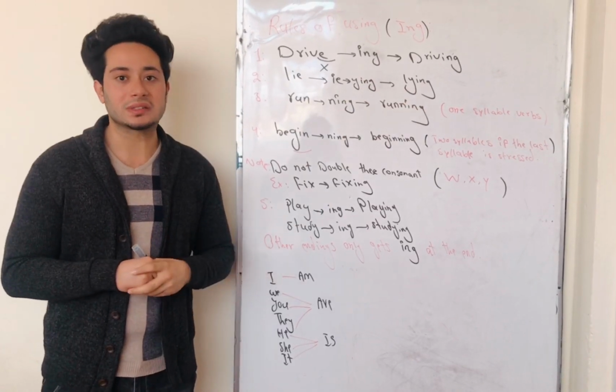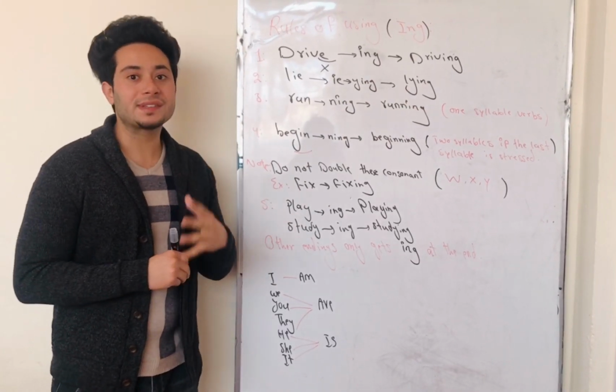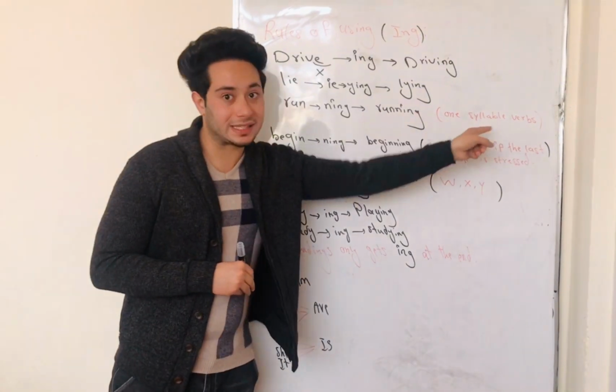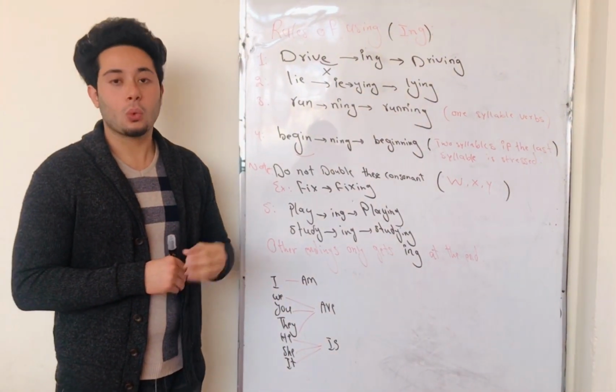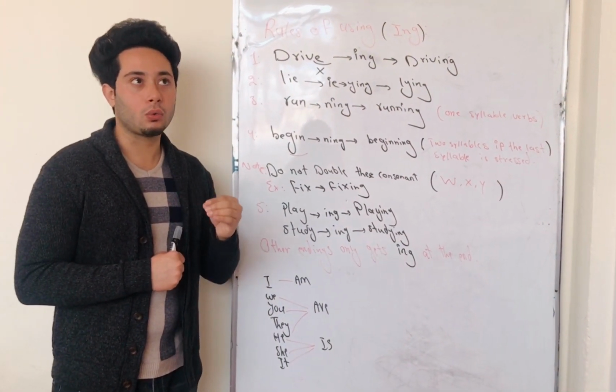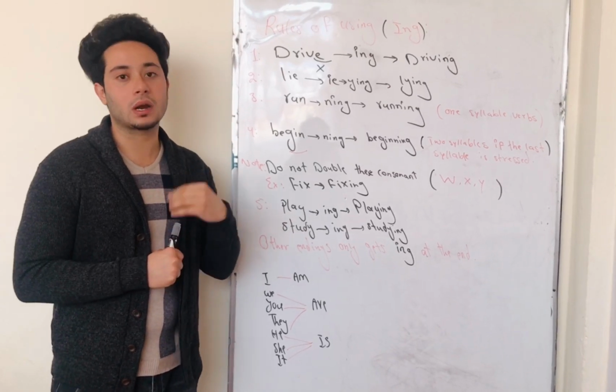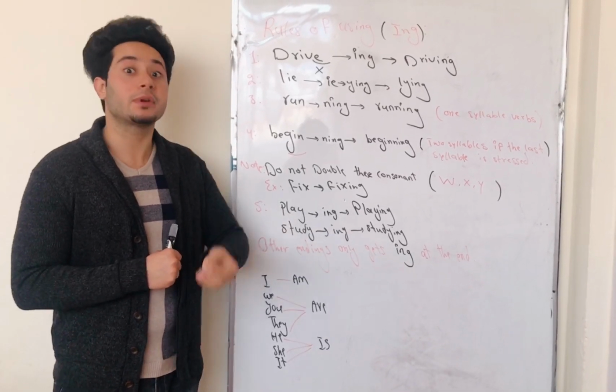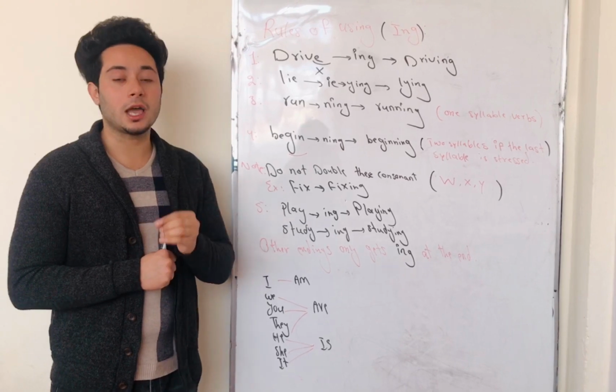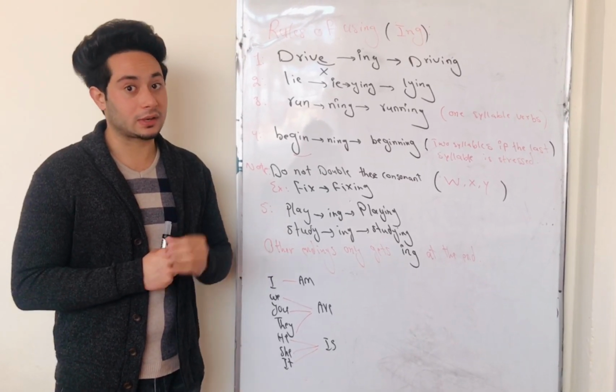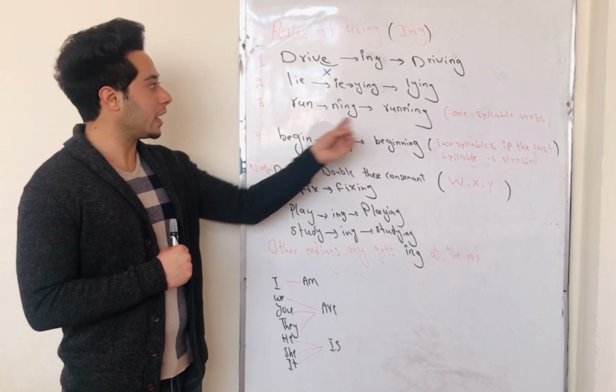And the third rule says that one syllable verbs ending with a consonant that is preceded by a vowel letter, you need to double the consonant letter at the end and add an ing: run, running.